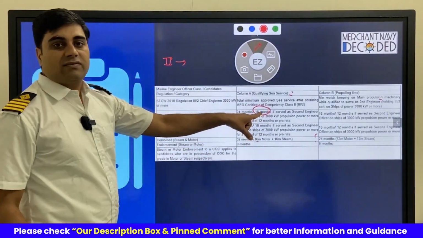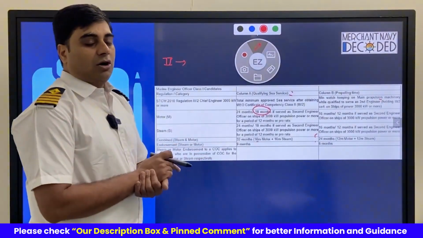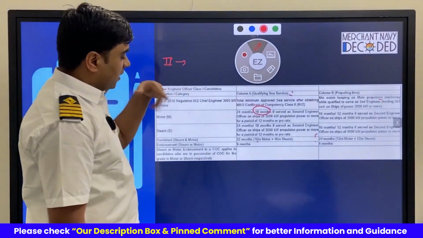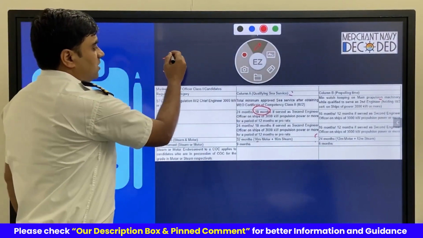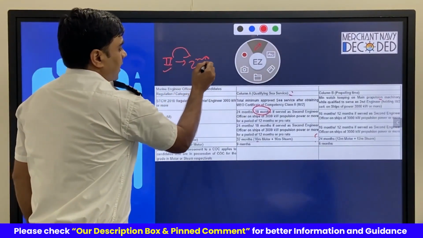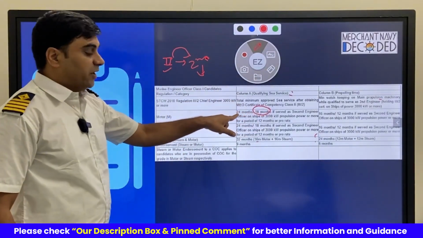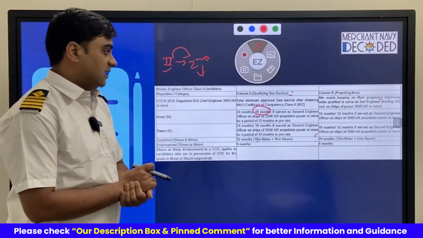That is the shortest possible time period. If the day we get Class 2 COC, we get promoted to second engineer and our sea time starts from that day, otherwise 24 months, as simple as that, right?